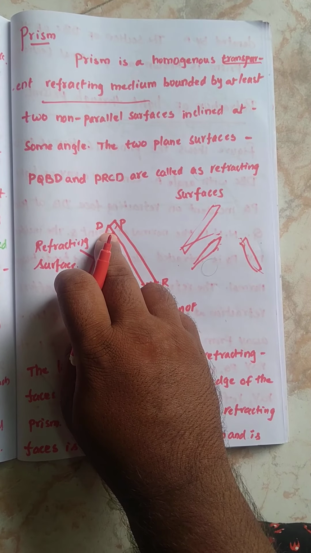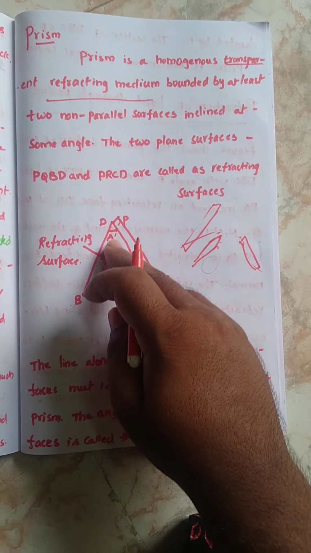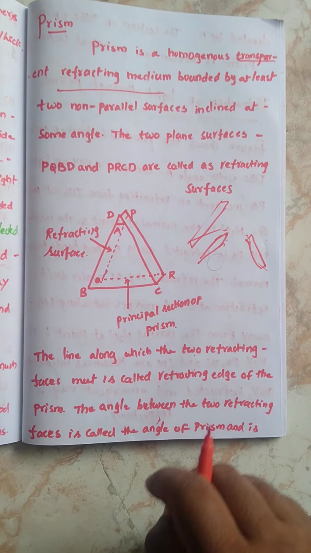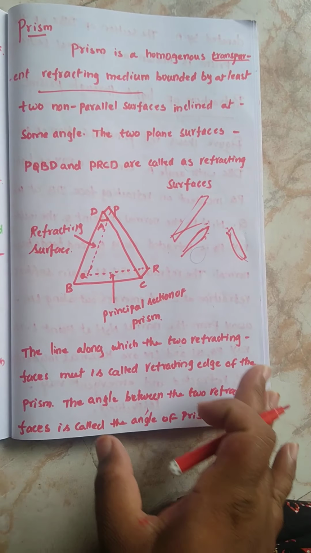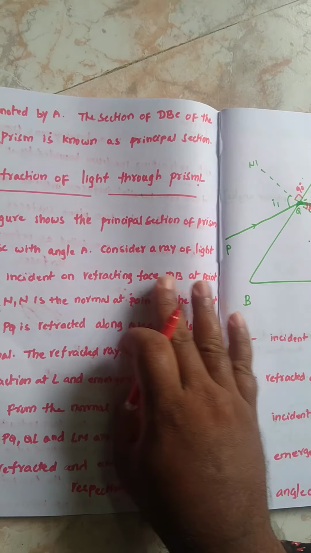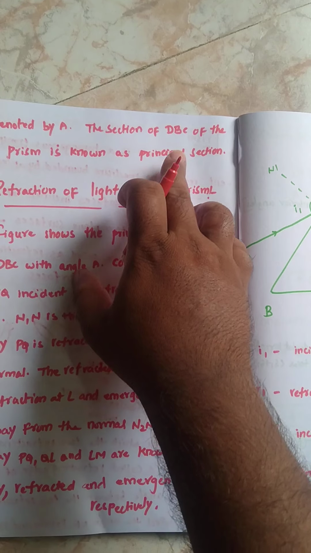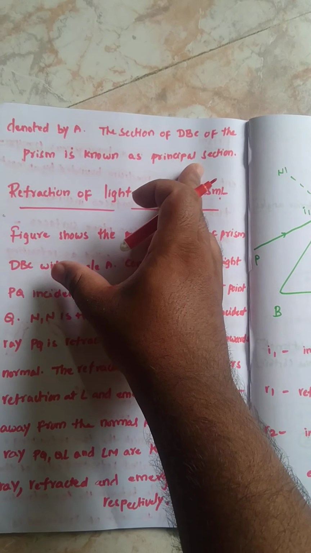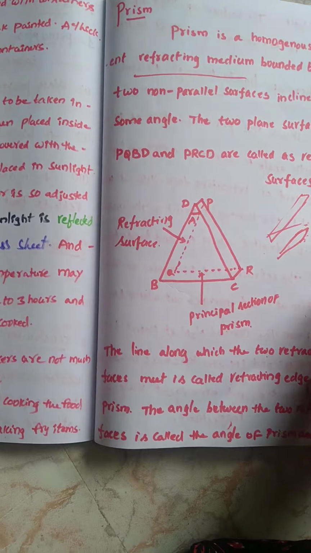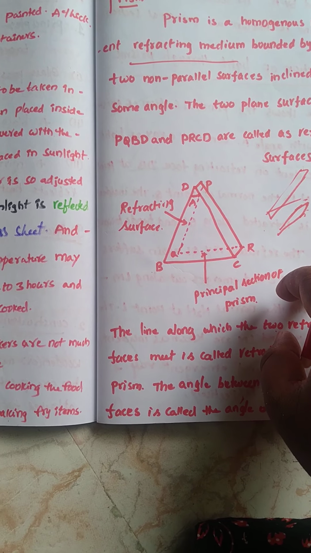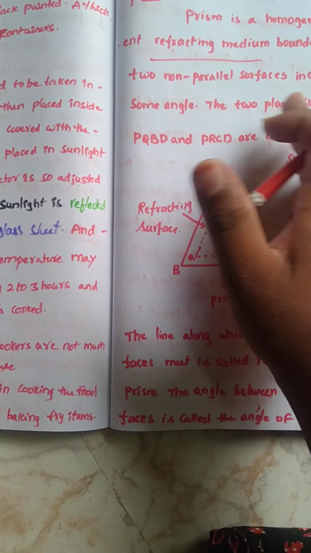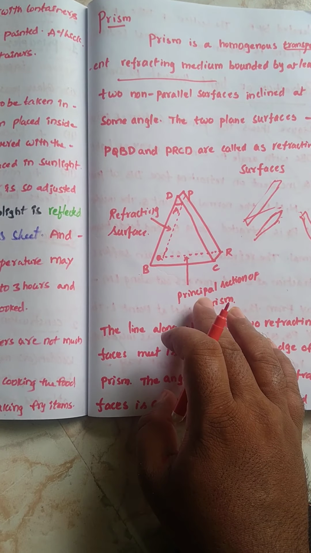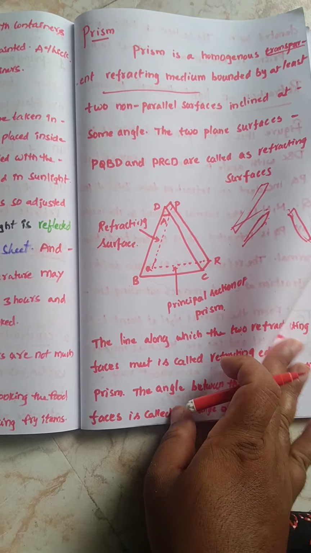You see, it is the angle between one refracting face and the other refracting face. We denote it by A. And the section DBC of the prism is known as the principal section. See here, I am considering only up to this DBC. I am not considering the total prism. Further, I am going to consider only the principal section of the prism.